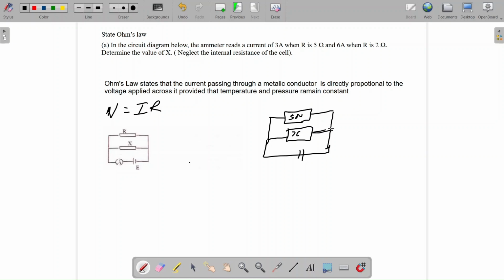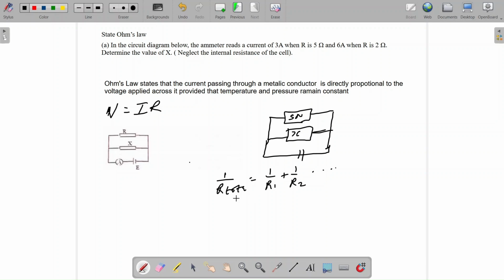So it is noted, according to the parallel law, that 1 over R total equals 1 over R1 plus 1 over R2, and so on. You should note that your V total will always be your I total times your R total. For parallel, it will be 1 over this, 1 over that.